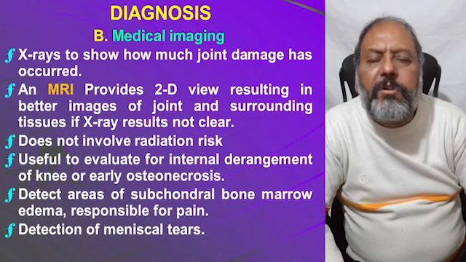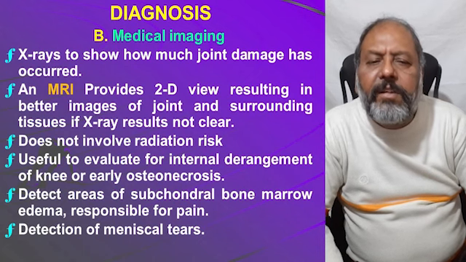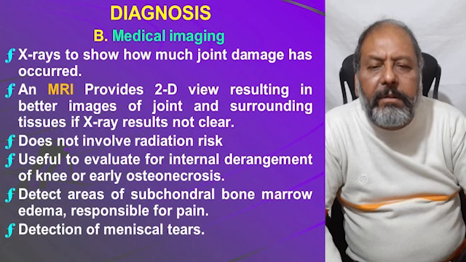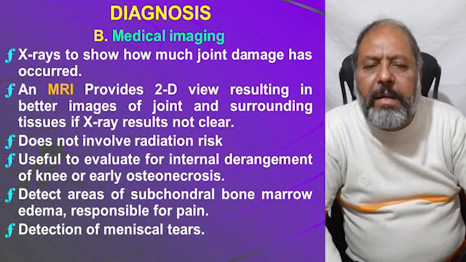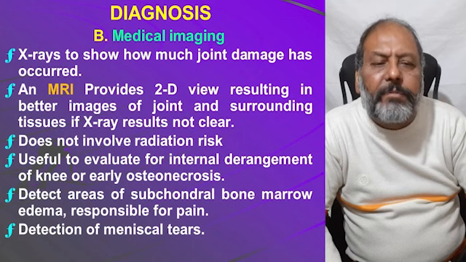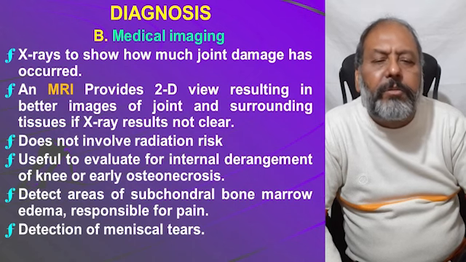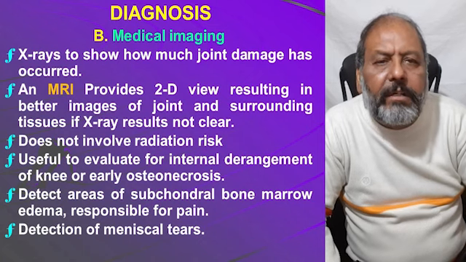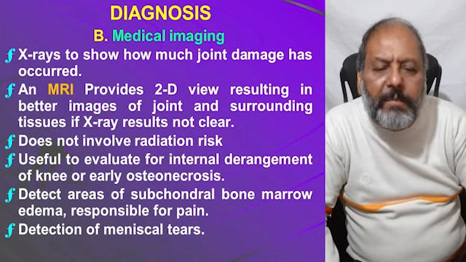Now, continuing the medical imaging, X-ray shows how much joint damage has been done, and an MRI provides a 3D view resulting in better images of the joint and the surrounding tissue. If the X-ray results are not very clear, we do go for the MRI.